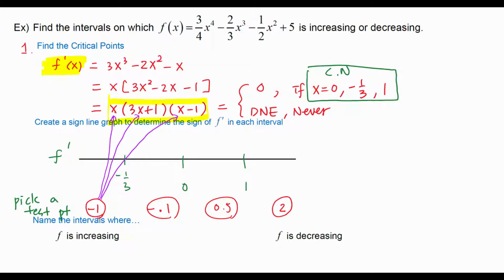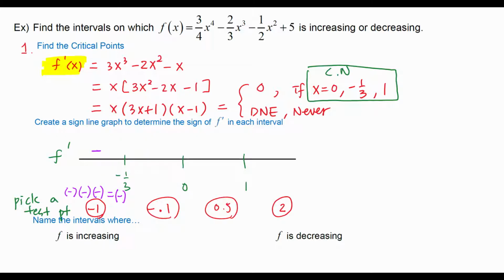So if you plug negative 1 for x, you get negative. If you plug negative 1 into the second factor, it's 3 times negative 1, which is negative 3, plus 1, is still negative. And negative 1 minus 1 in the third parenthesis still gives you negative. And because you multiply three negatives, the sign of this interval is going to be negative.